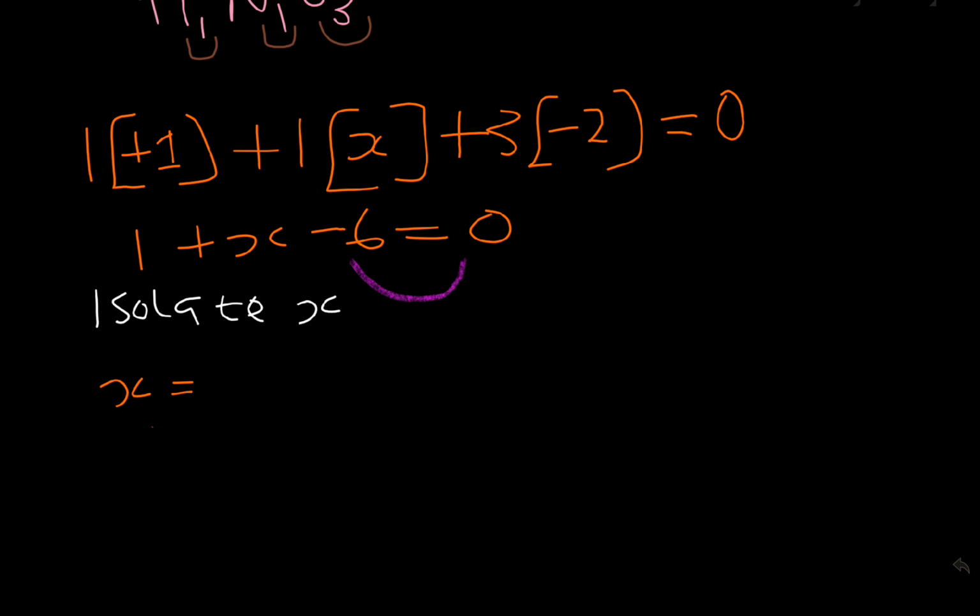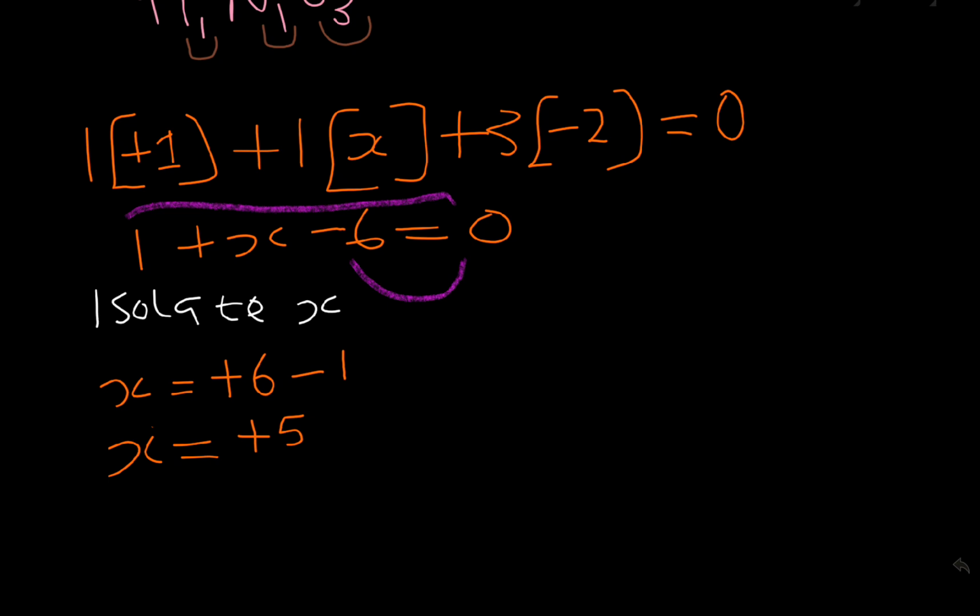So we'll say +6, and also 1, this is +1, if it crosses the equal to sign, it becomes -1. So I'm just going to write that as -1, and so our x will become +6 minus 1, which will give us +5.